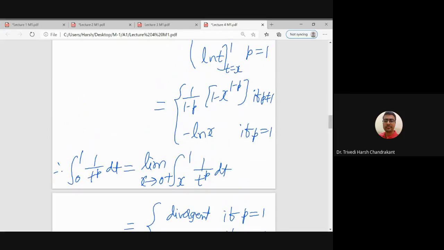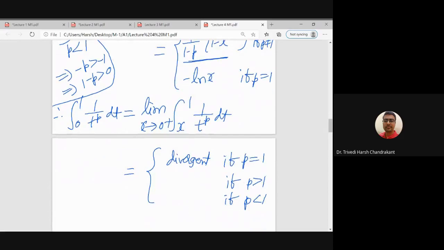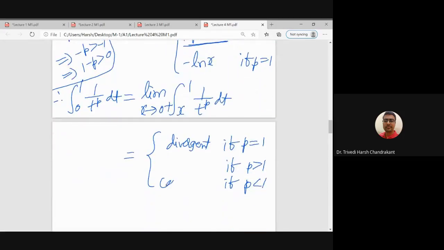If p is less than 1, then minus p is greater than minus 1, so 1 minus p is greater than 0. So this power is positive, and as x approaches 0, this is a finite integral. So it will be 1 minus 0 times 1 upon 1 minus p. So for p less than 1, it is convergent.